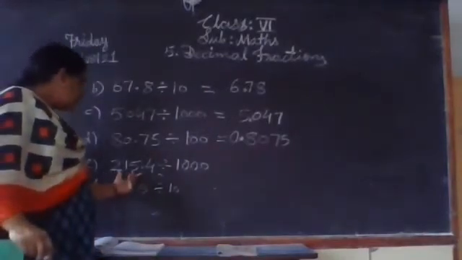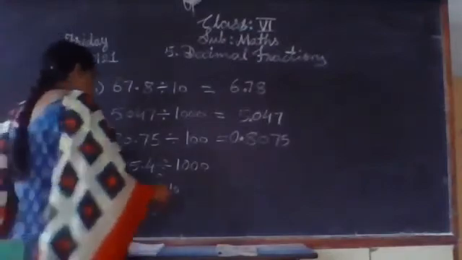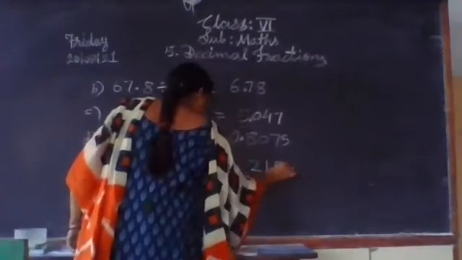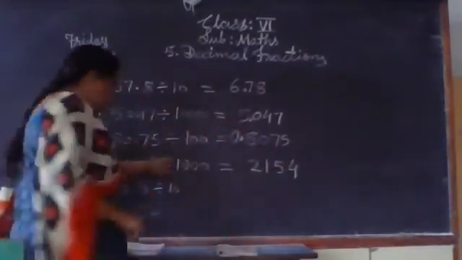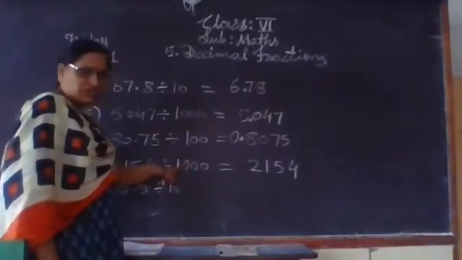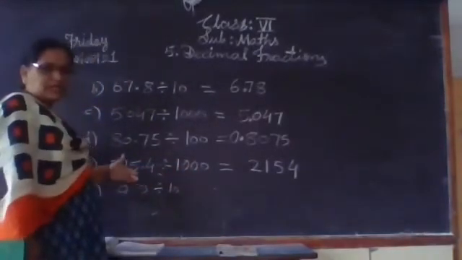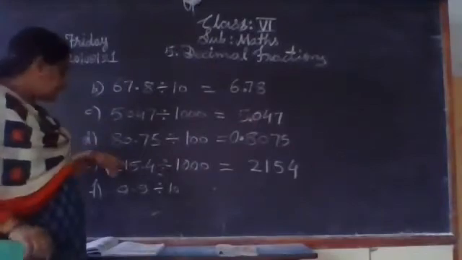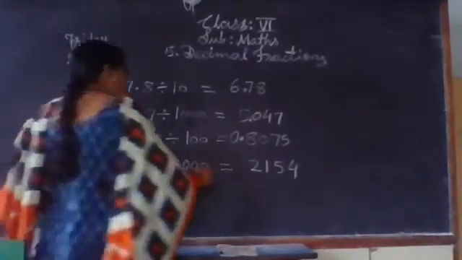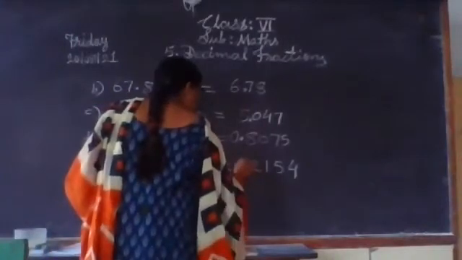Okay. Now write down 2154 as it is. Count the number of zeros: 1, 2, 3. Shift the decimal point 3 places to the left side: 1, 2, 3. So it is before 2.